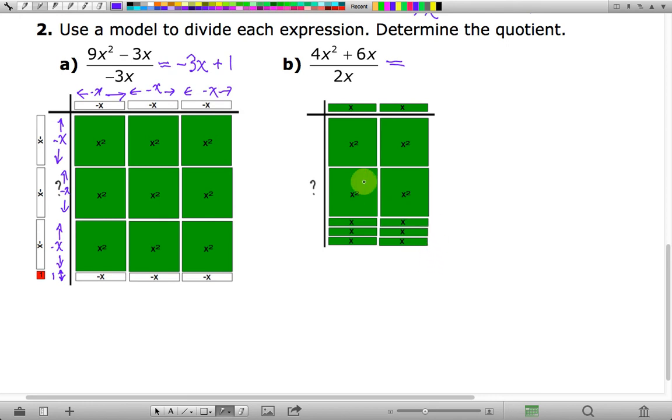Alright, so here's our framework. You can see that we've got 1, 2, 3, 4 x squared tiles, we've got 1, 2, 3, 4, 5, 6 x tiles, and we're dividing by 2x. So since across here we have x, we need to multiply by x in order to get x squared.